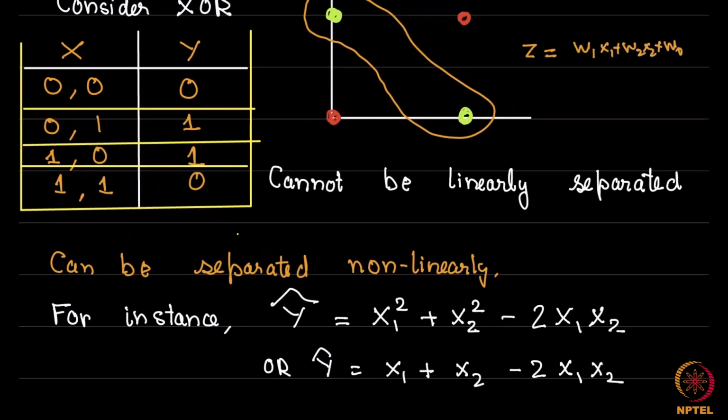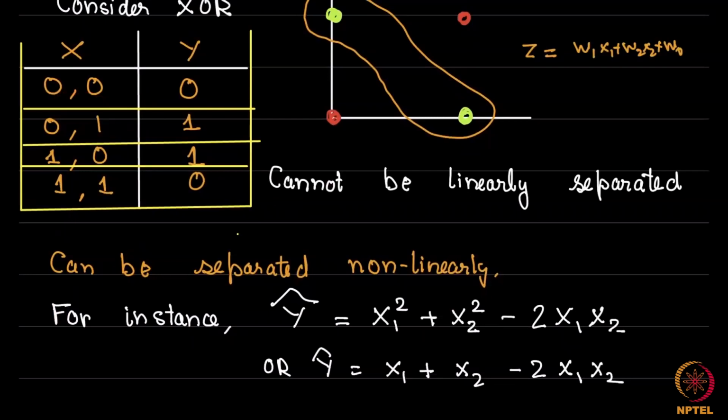But now, if I look at another expression, x1 square plus x2 square minus 2x1x2, this of course is x1 minus x2 the whole square. You will see x1 minus x2 the whole square is 0, 0, and 1 here. So this actually works.